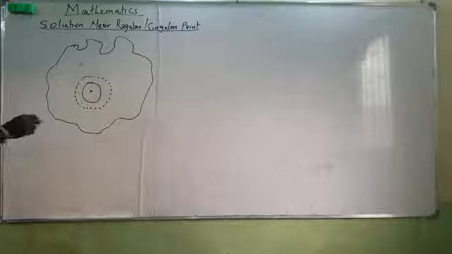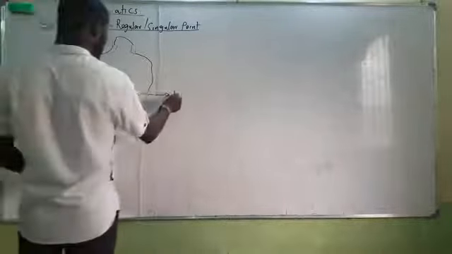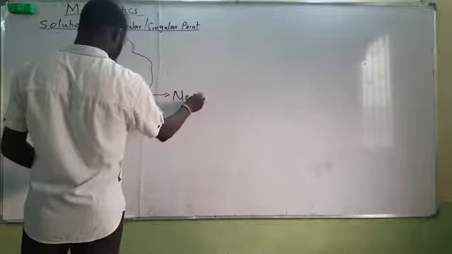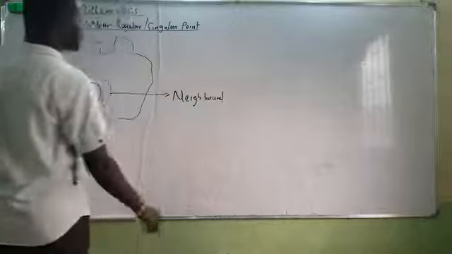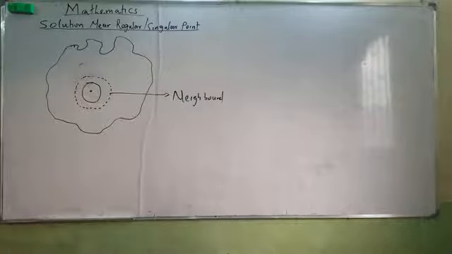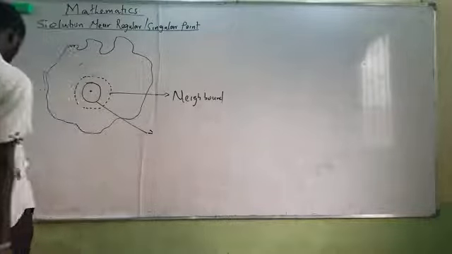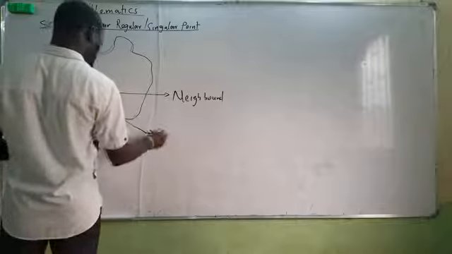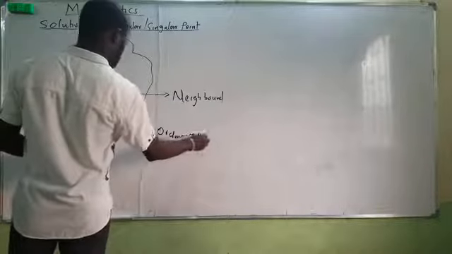Now, this particular area, we call the neighborhood. Please take note of this. Neighborhood. Now, that is the neighbor. Now, this particular part is called an ordinary point.